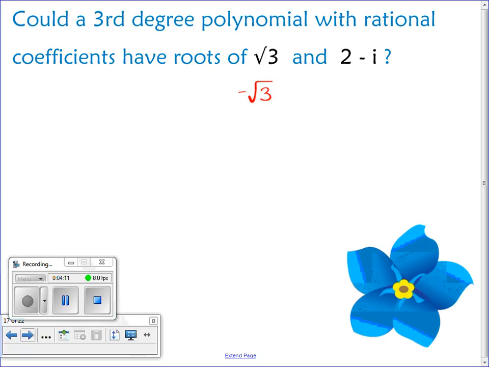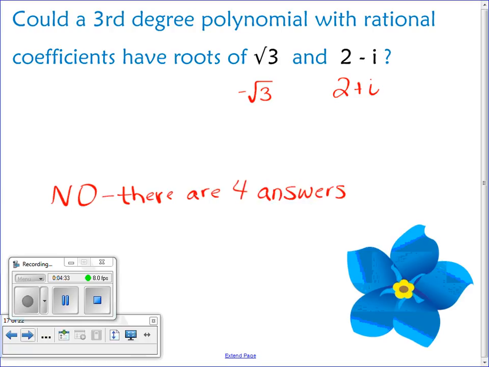And if I have 2 minus i, I also have 2 plus i. Right. There are 4. So could a 3rd degree polynomial have that? No. There are 4 answers, not 3. So it's not possible.